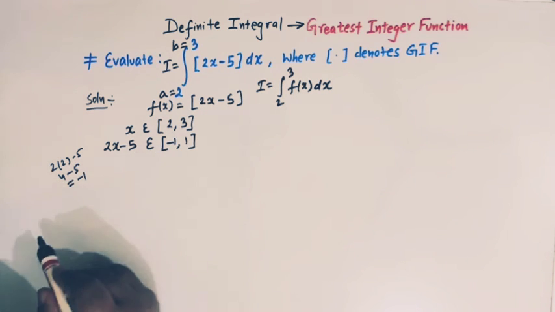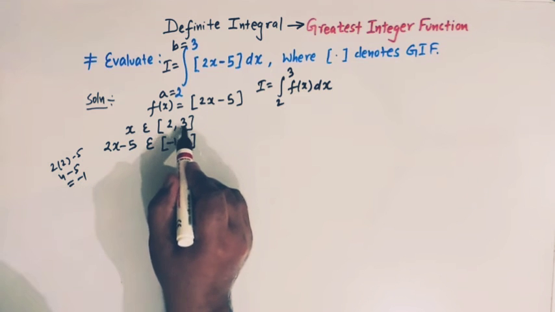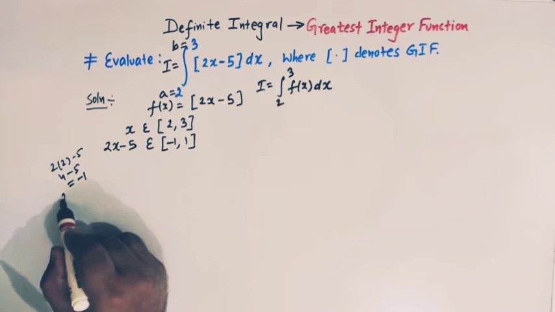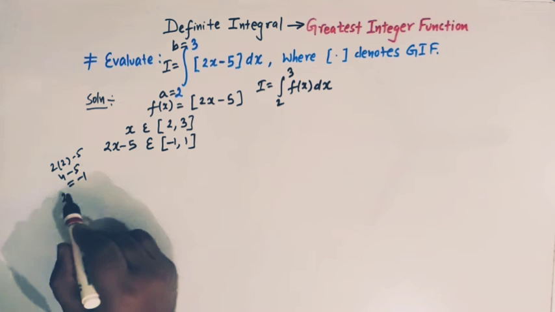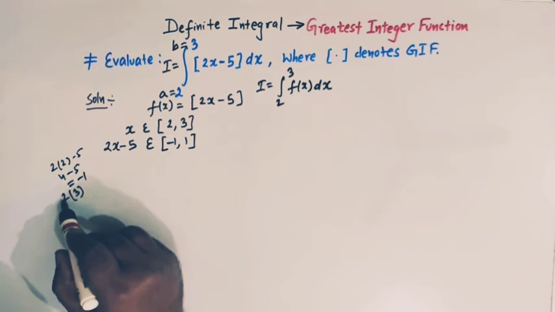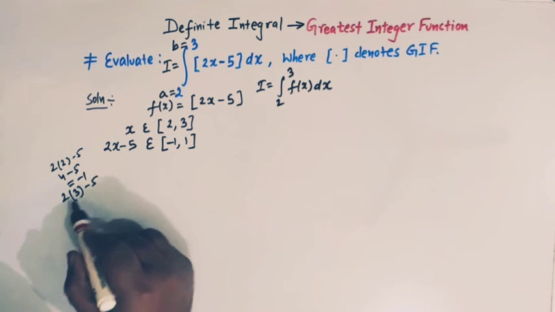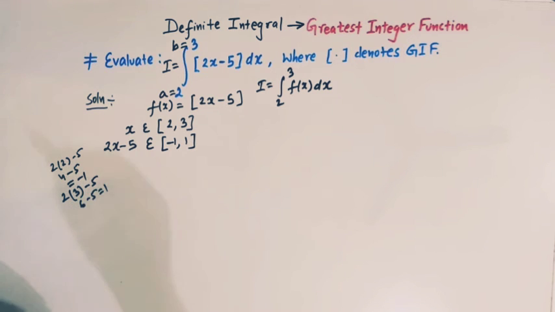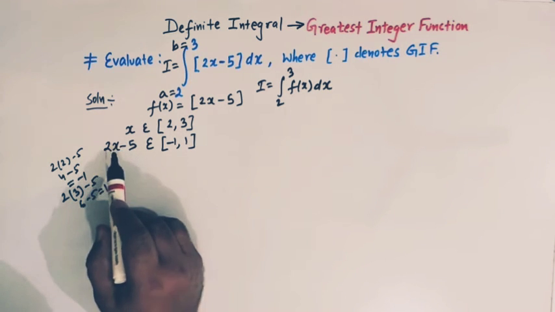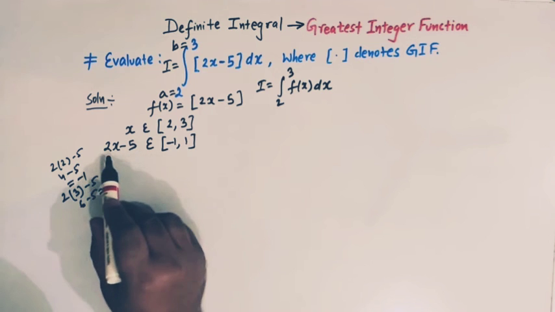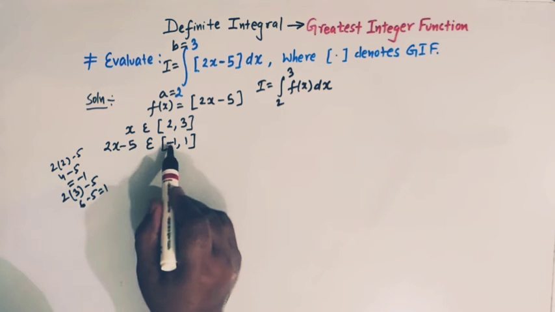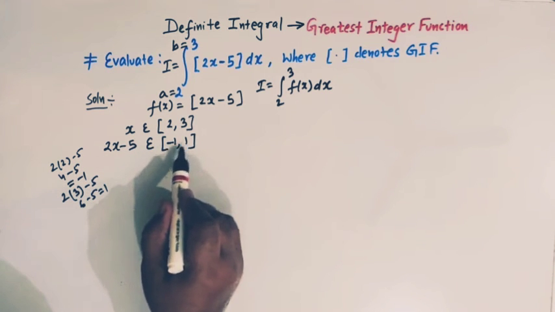And when x is 3, then the value of 2x minus 5 is 2 times 3 minus 5, so we have 6 minus 5, that is 1, right?